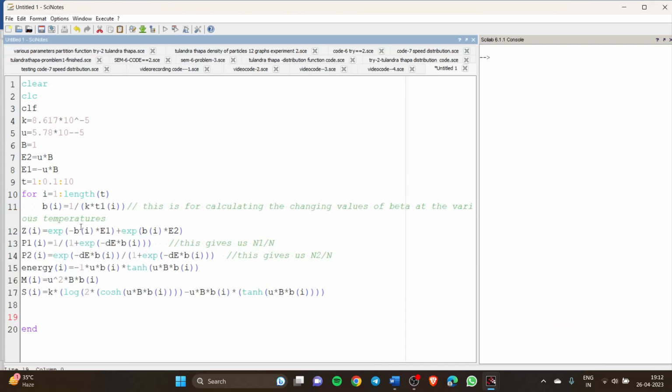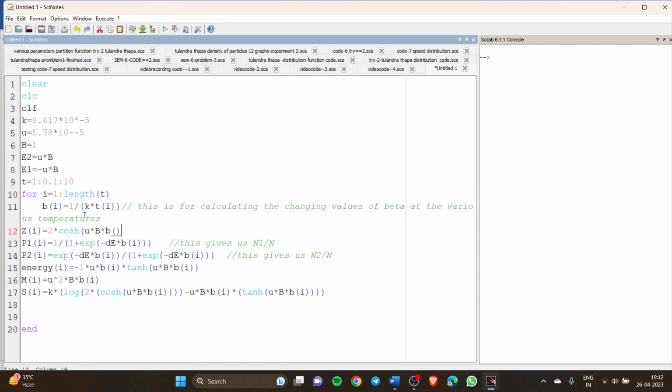Now β_i is 1 upon kT, where we have taken kT, so let us take T. Now Z_i is equal to 2 cosh(νB/kT), ν into capital B divided by kT.